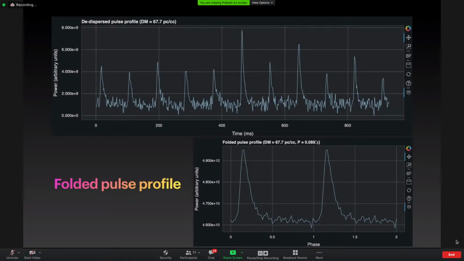So if you take any ith sample, divide that by this number, throw away the integer part because you're not interested in counting the pulse number, you're interested in the relative location of the sample in the folded version.